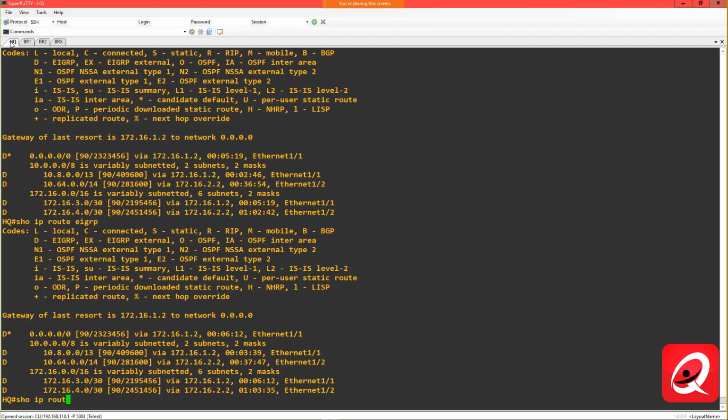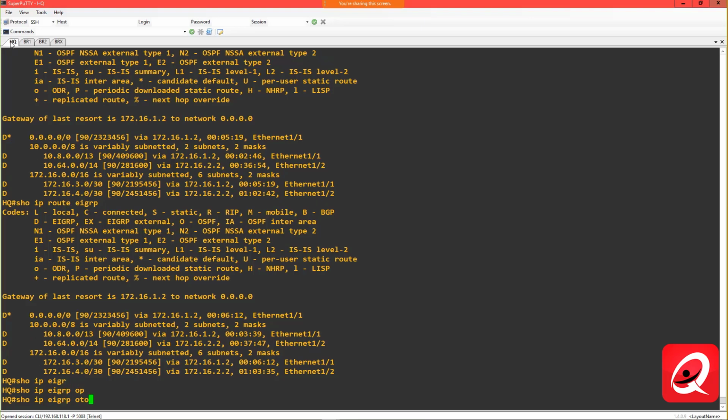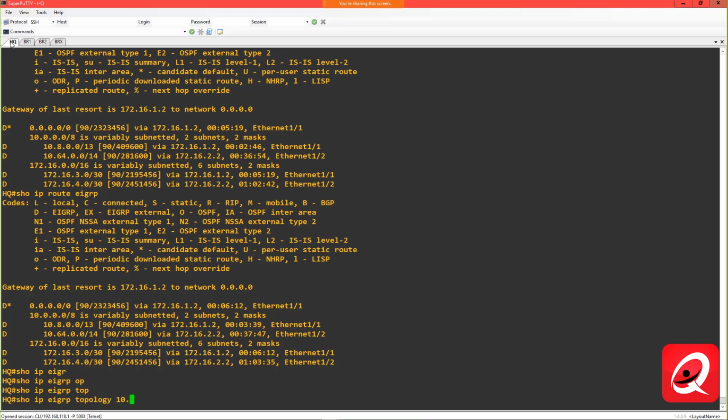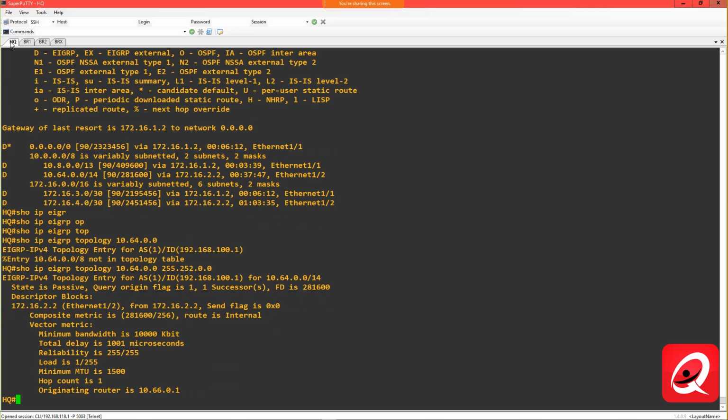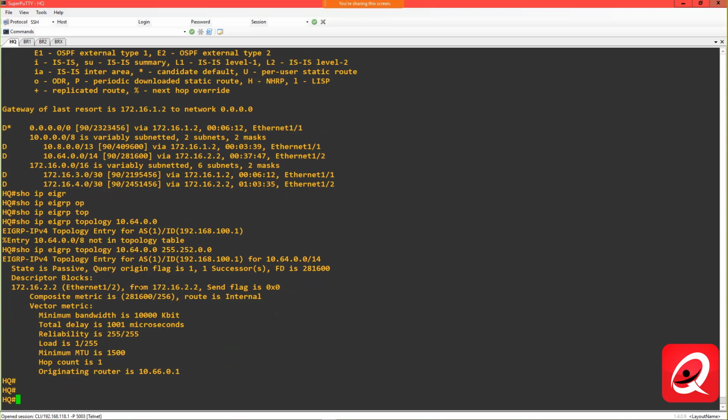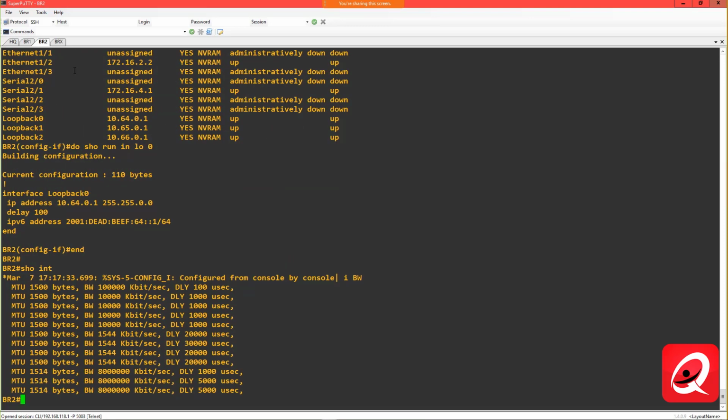Let me do a show IP route, show IP EIGRP topology 10.64.0.0 255.252.0.0. So this is the reported distance. So it definitely went down. Maybe I didn't see, maybe it looked the same, but it wasn't quite the same. Let me take the delay off again real quick.